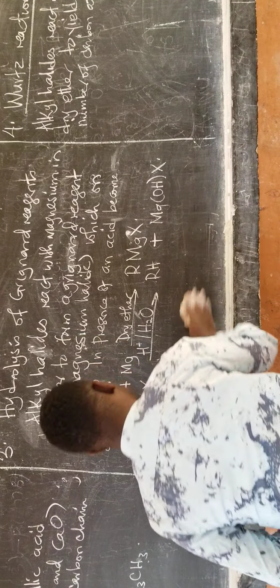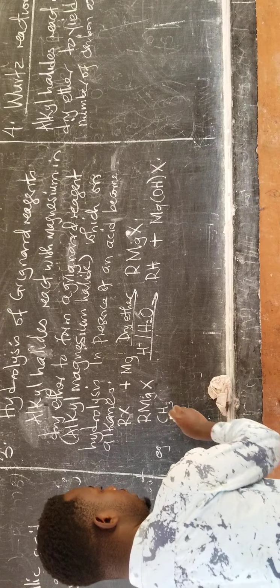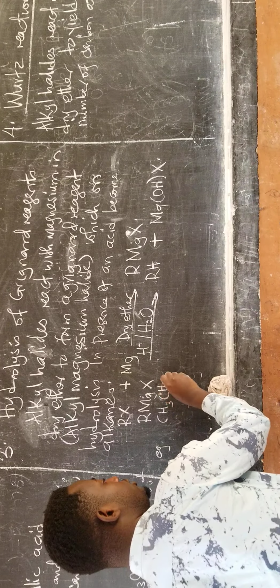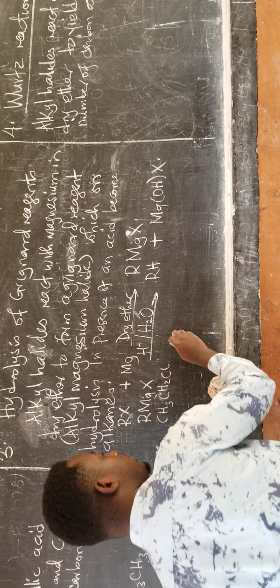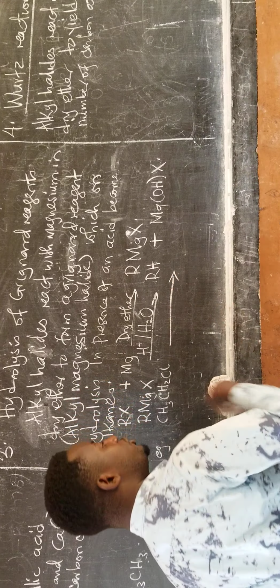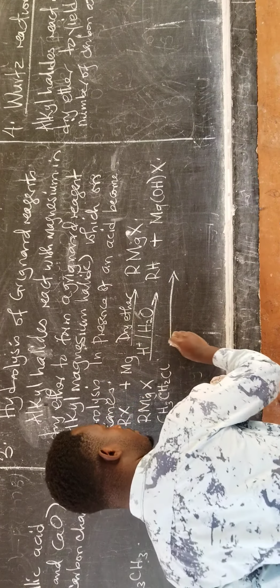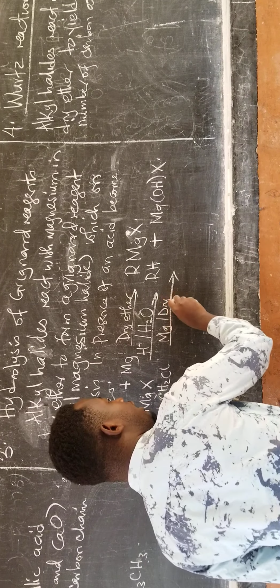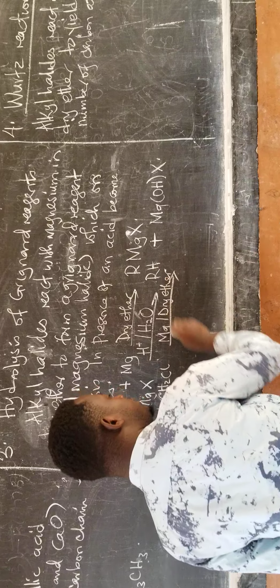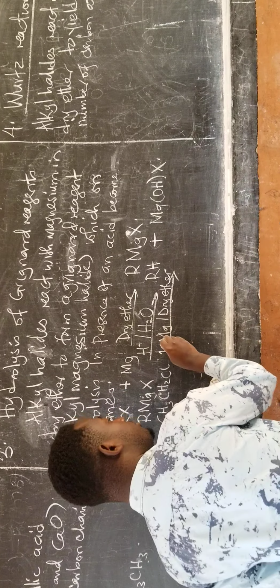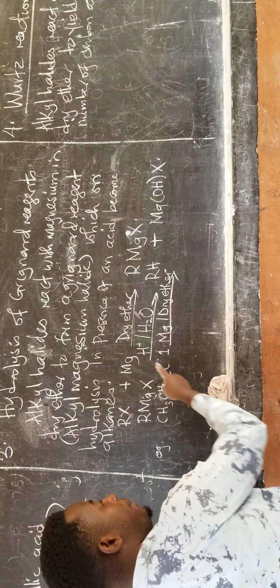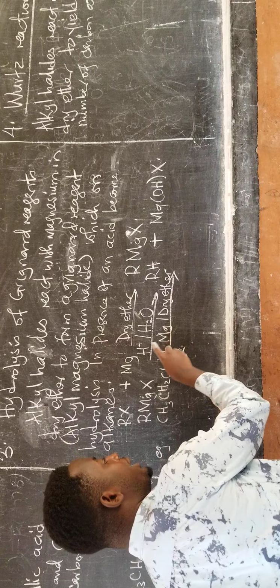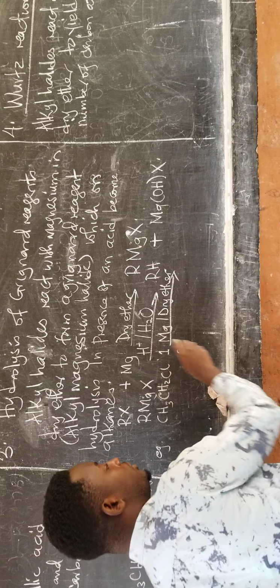Maybe I can illustrate it for some people who might want it. It can be CH3CH2Cl. In fact, you can even generalize. I am adding magnesium in presence of dry ether. This is my first step. My second step, I am adding hydrogen ions in presence of an acid.